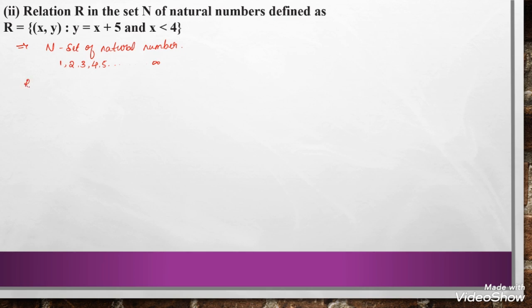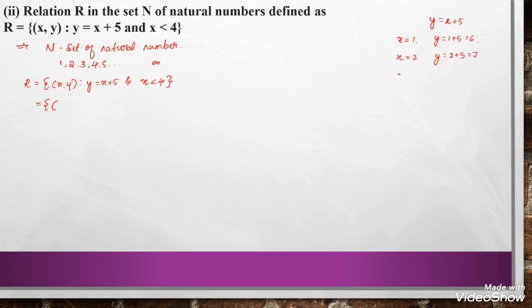Based on the natural numbers, I will define a relation (x, y) such that y = x + 5 and the value of x is less than 4. First, I take the equation y = x + 5. Put x = 1, y becomes 1 + 5 = 6. Again, x = 2, y is 2 + 5 = 7.